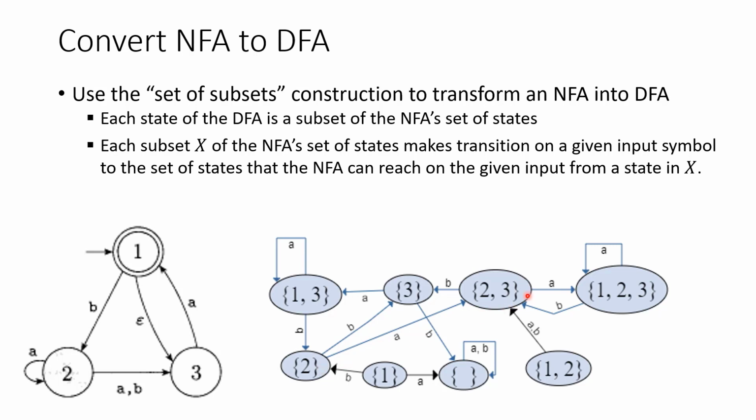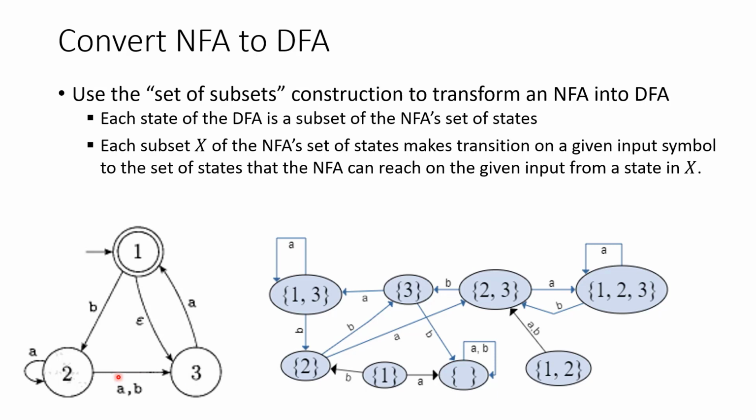So as another example, let's pick the state X to be the subset consisting of the states 2 and 3 of the NFA, and we consider the input symbol A. Now from the state 2 of the NFA, on the input symbol A, it will just go to 2, and it can also go to 3.